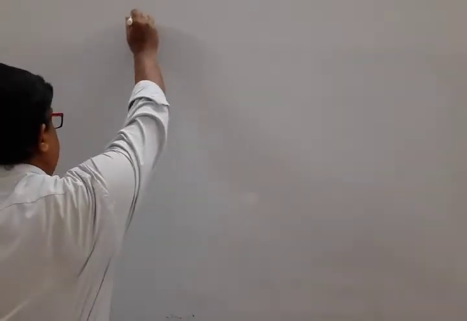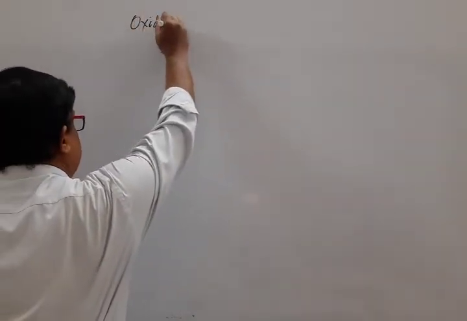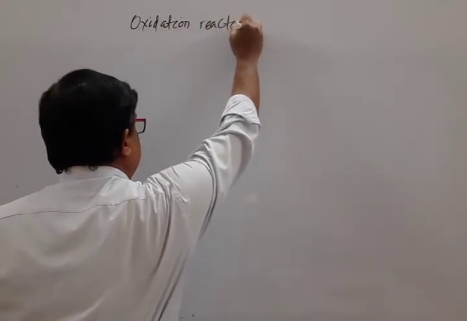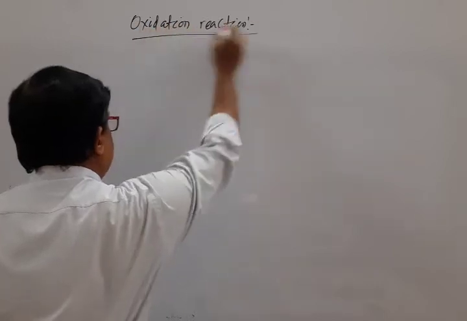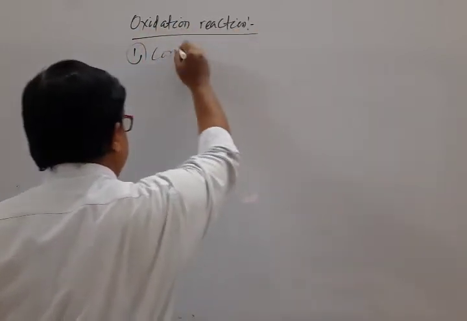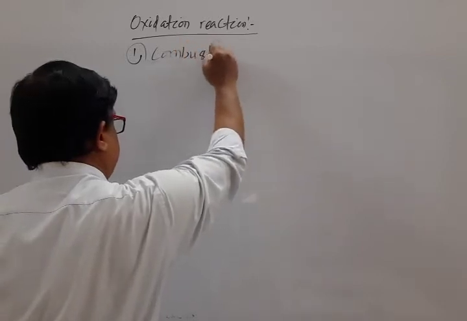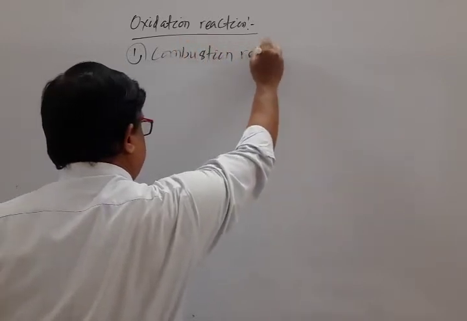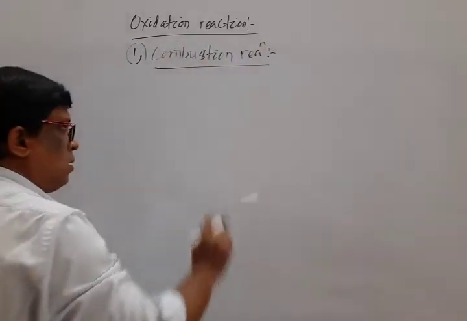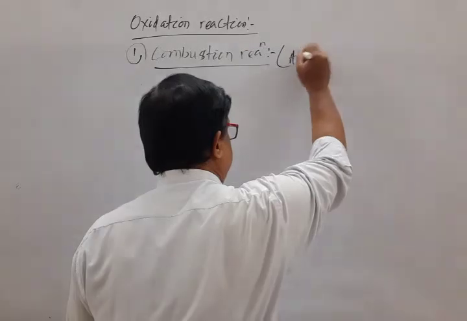Point 1 is action with air, that is combustion reaction. Bit 1 is combustion reaction. So the heading is oxidation reaction. Under this one, bit 1, combustion reaction, that means action with air.